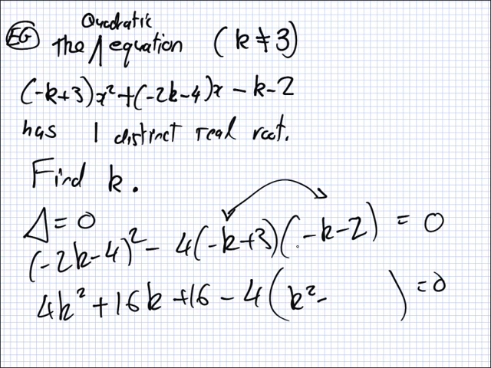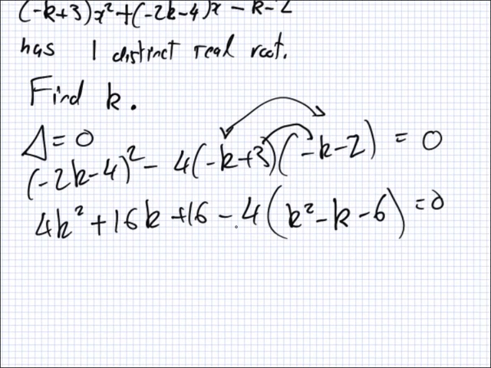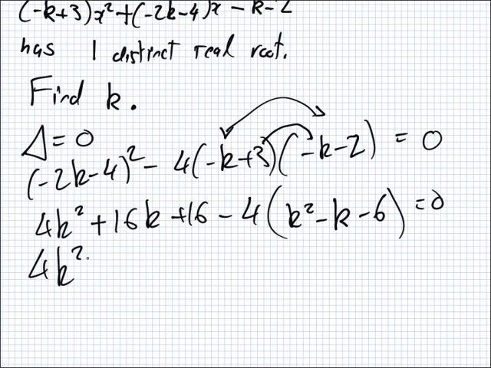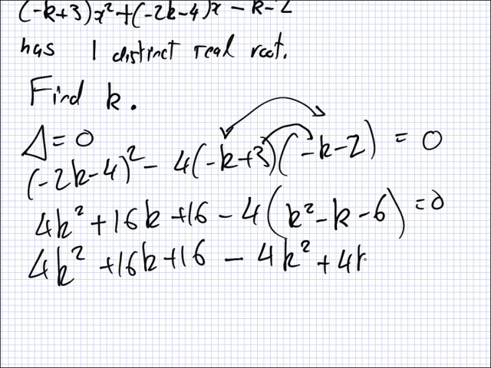Hang on, let me think. I'll do it myself. Minus 3k plus 2k minus k minus 6. Okay, 4k squared plus 16k plus 16 minus 4k squared plus 4k plus 24 equals 0.